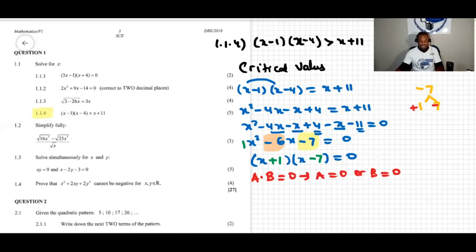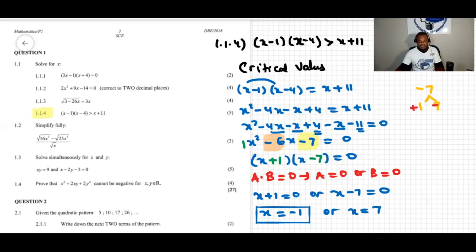So we're going to set x plus 1 equal to 0 or x minus 7 equal to 0. If you move the positive 1 over, we get x is equal to negative 1, or x is equal to 7.